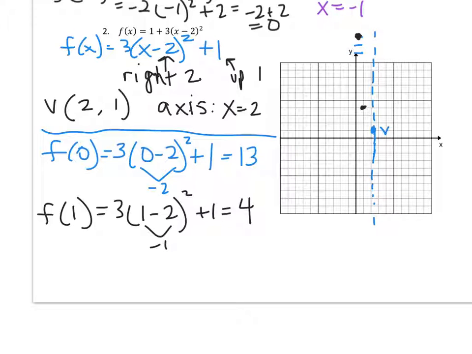So let me do a couple of mirror images now. If you look at the mirror image of the first one I did, 0, 13: 0 is 2 units away from my line of symmetry, so 2 units the other way would be right up here. That's another point, which would give me the point 4, 13.